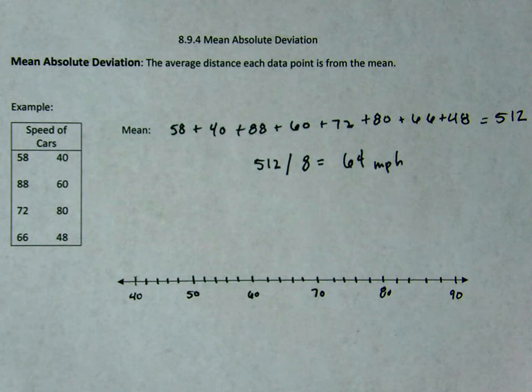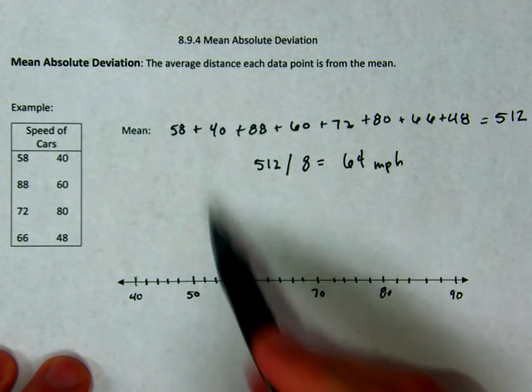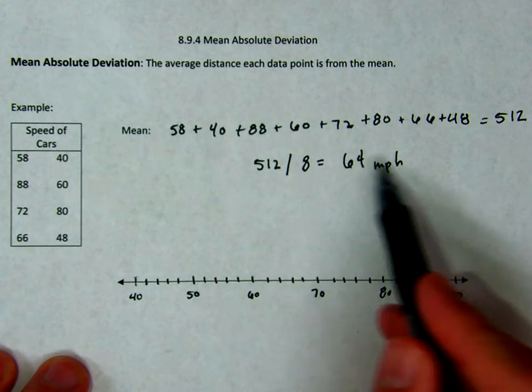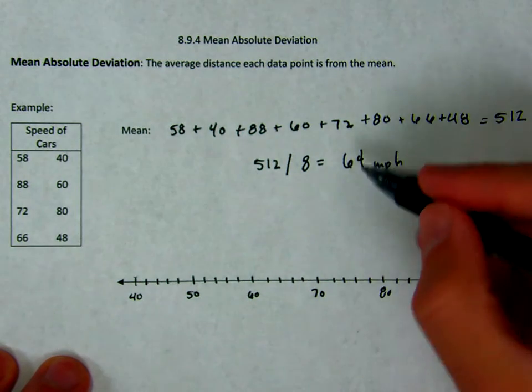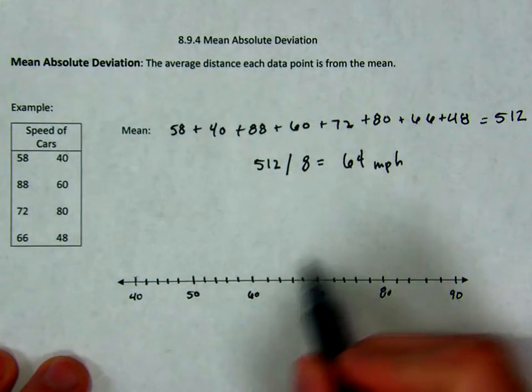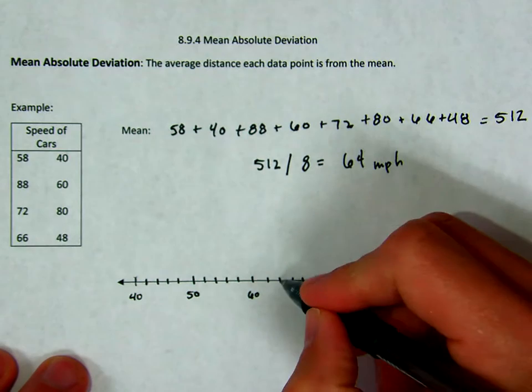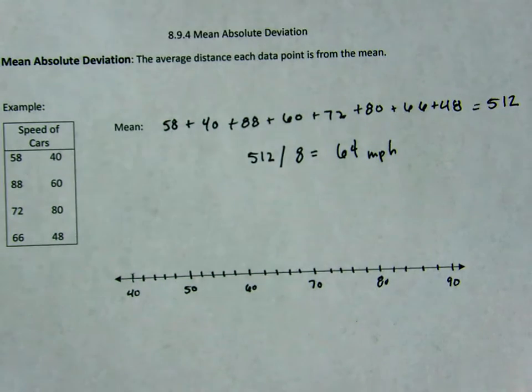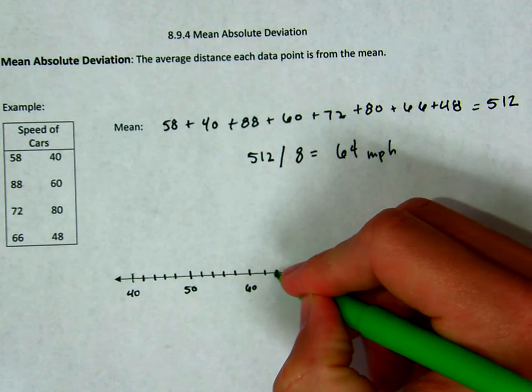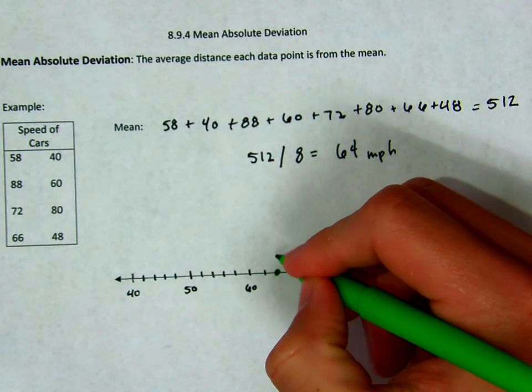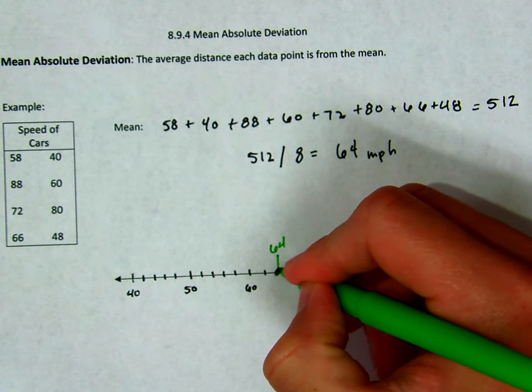So what we're going to do first is plot that point on our line, that is our mean. 64 is our mean, and I'll color it in.